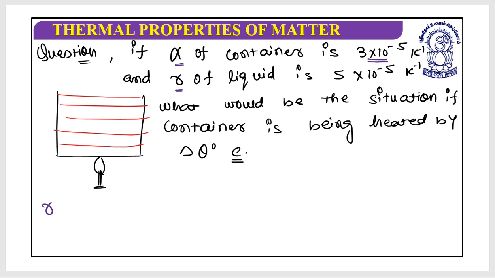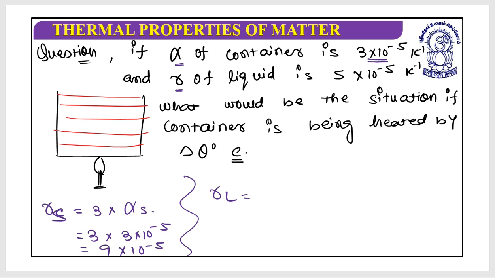So gamma of a container, or I should say gamma of a solid, is equal to 3 times alpha of the solid. So this is equal to 3 into 10 to the power minus 5, which should be 3 3s are 9 into 10 to the power minus 5. And this is gamma of solid, and gamma of liquid is 5 into 10 to the power minus 5.